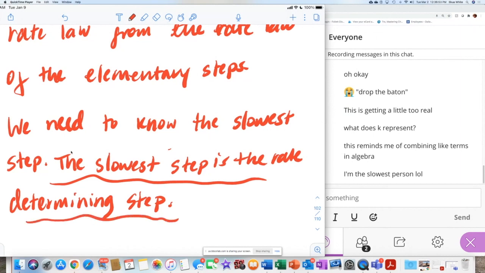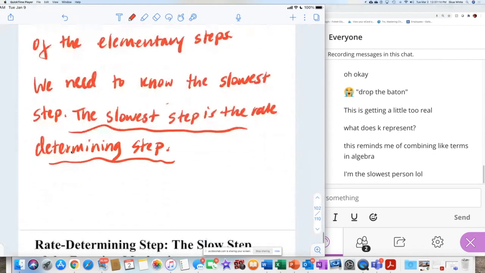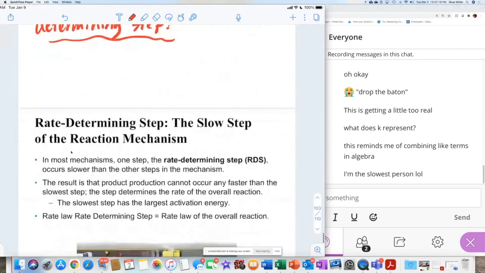What about the fast person though? No, the slowest step is the rate determining step. So we can figure out the overall rate of the reaction by knowing which of the elementary steps is the slowest. And when we know that, this will determine the rate of the reaction. Remember, we are studying all of this so we can manipulate the reaction.